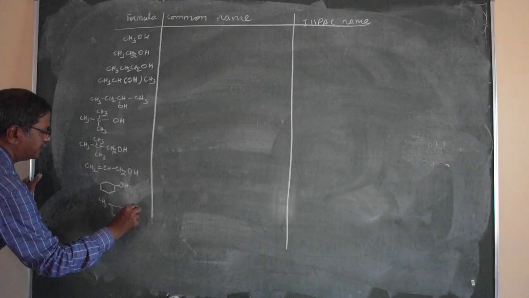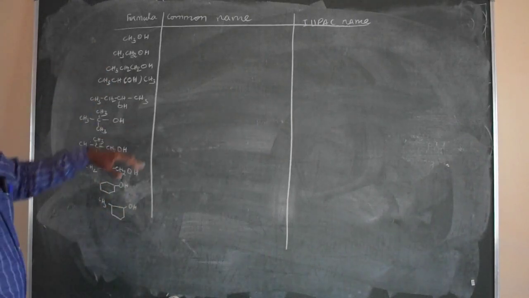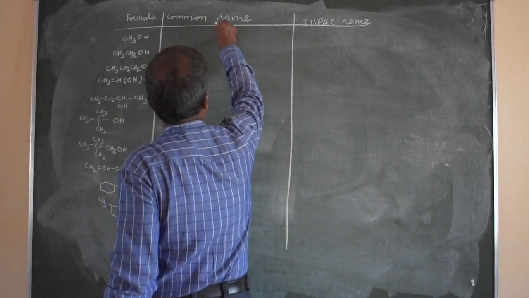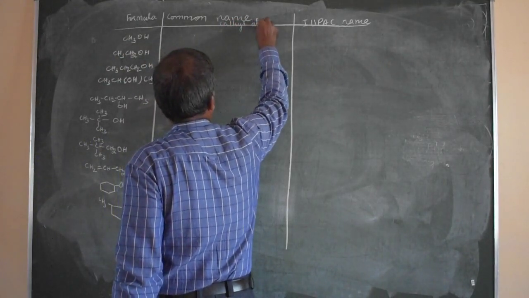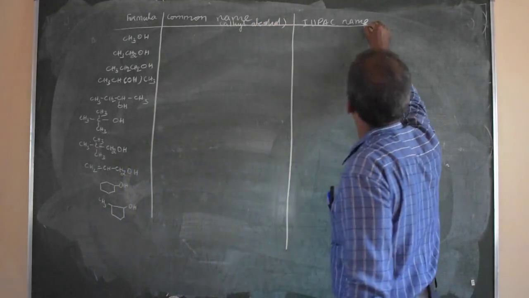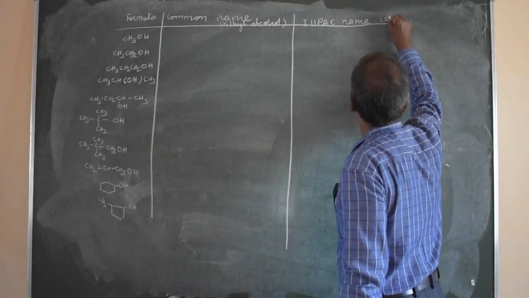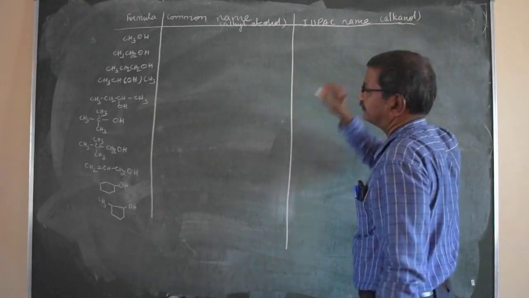Then we have OH. So the common name is alkyl alcohol. The IUPAC name is alkanol.